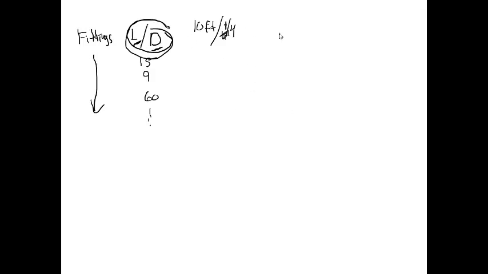If you look at the top here, it gives you equivalent length. Sorry, let me erase this. So if you look back at the chart, the top part of the chart gives you equivalent length in feet, and then in parentheses it's the diameter.